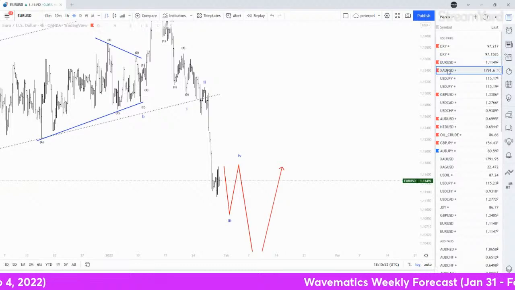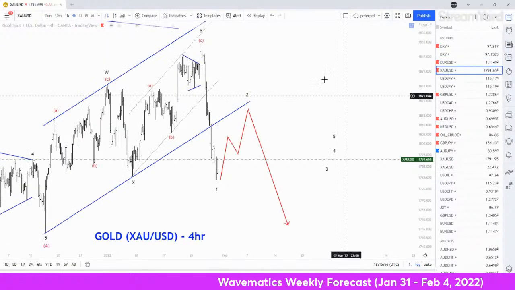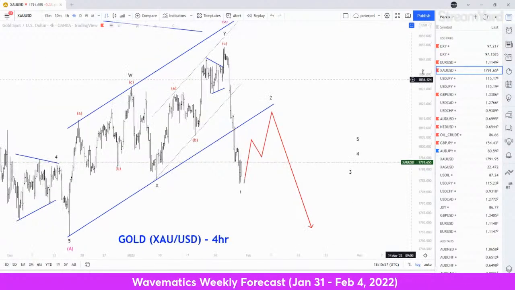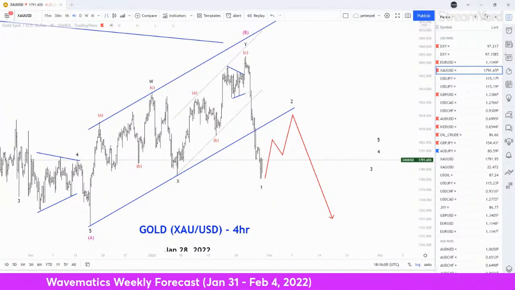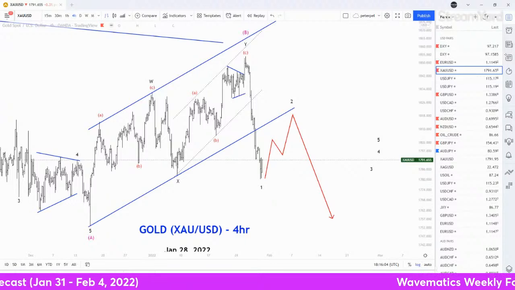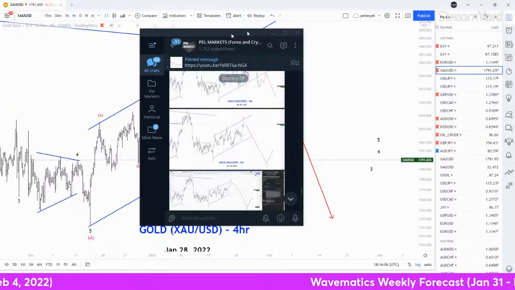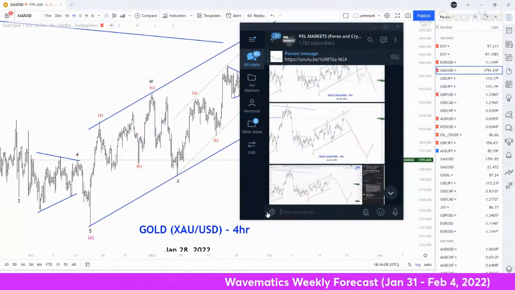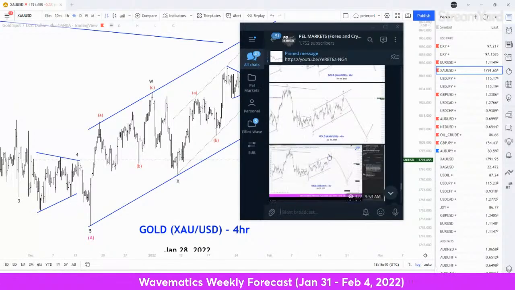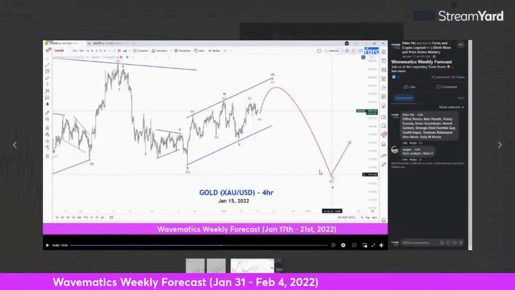Let's move to gold now. If you watched my analysis on gold in the course of the week, you can see that for some time now I've been sharing a lot of analysis on gold. This was the analysis we looked at on January 15th.